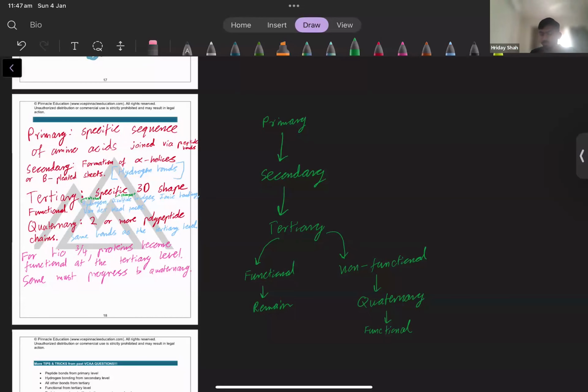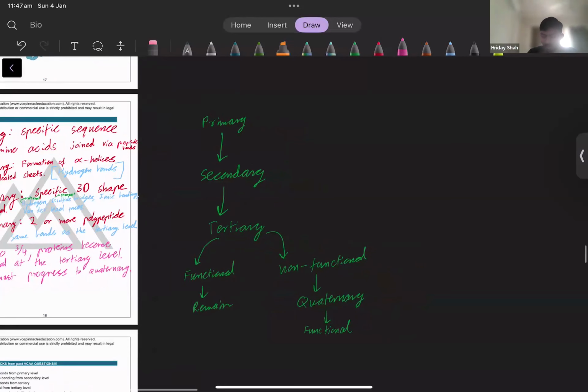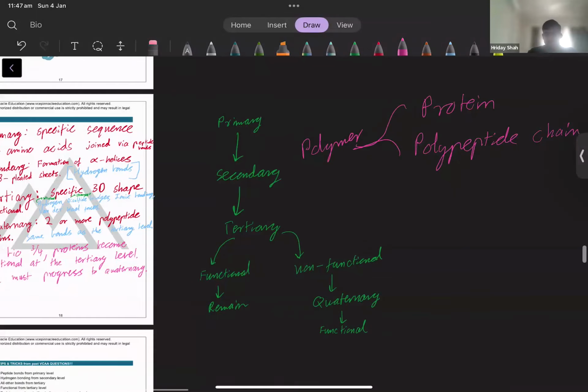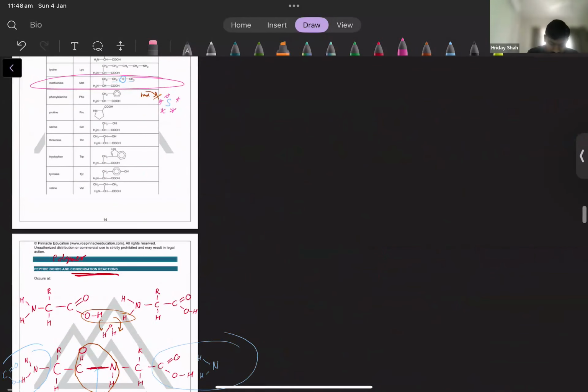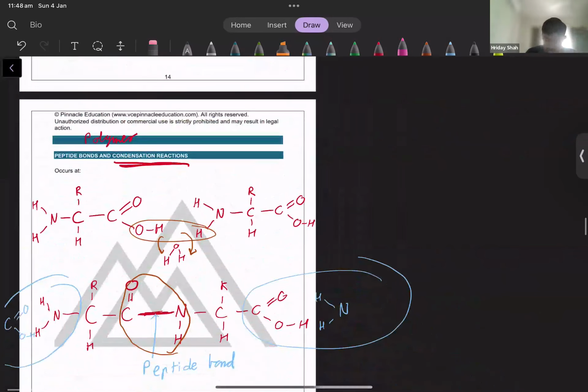Now, I've talked about two terms, right? Protein, and I've also used the term polypeptide chain. Both of these are polymers. We've discussed that their monomer, we said up here, I didn't write it down, is amino acid.